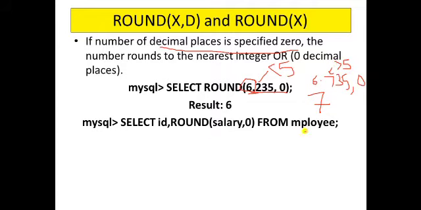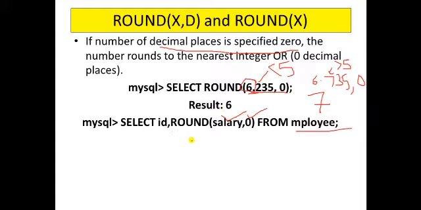If you see the next query, what is happening here? In this we are referring to the table employee, and we are referring to the column salary rounded off to 0 decimal places. Whatever is the salary, that should be rounded off to 0 decimals.